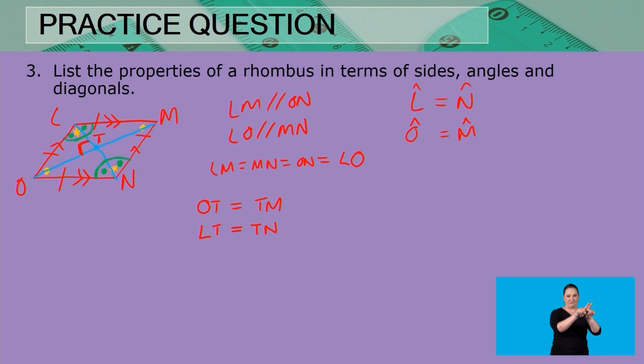Now, this will be the same for the other two opposite angles as well, which is angle O and angle M. And those are all the properties of a rhombus. And remember, those diagonals also bisect each other, and they're perpendicular to each other, and they also bisect the opposite angles.